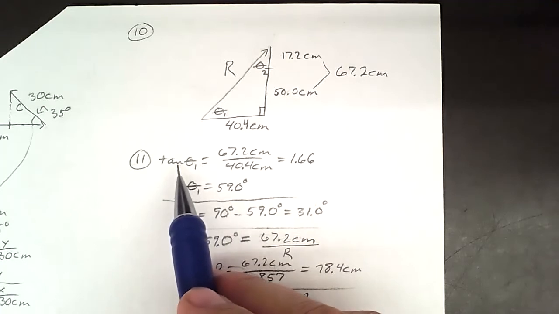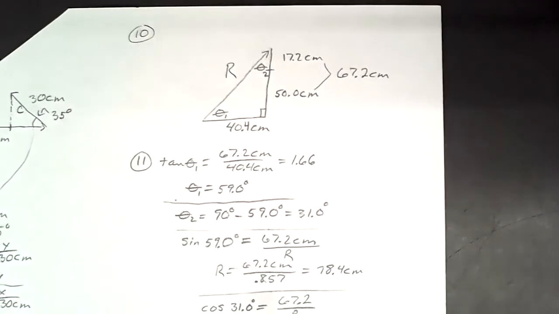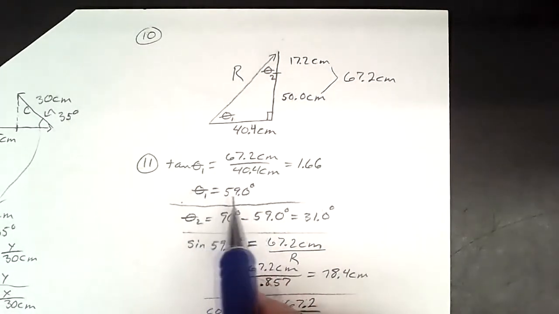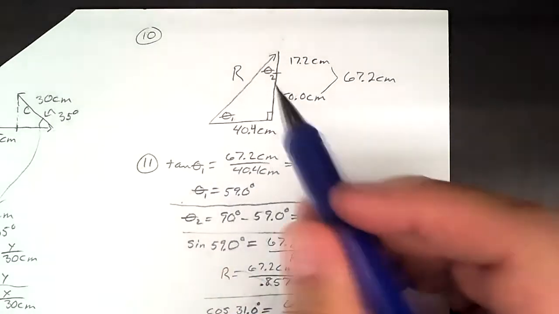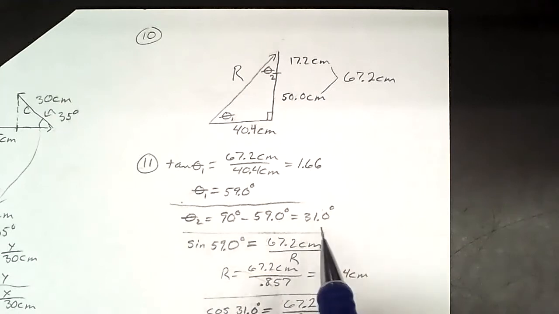So I would suggest actually using your calculator, making sure you can use inverse tangent of 1.66 and get something really close, at least, to 59 degrees. So theta 1 is 59 degrees. Well, theta 2 must be 90 degrees minus 59 degrees. So it's 31 degrees.